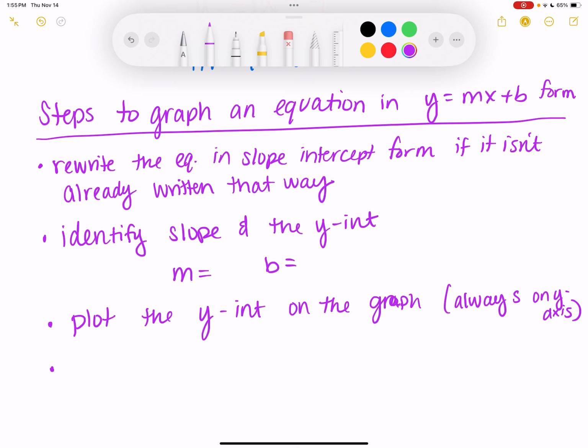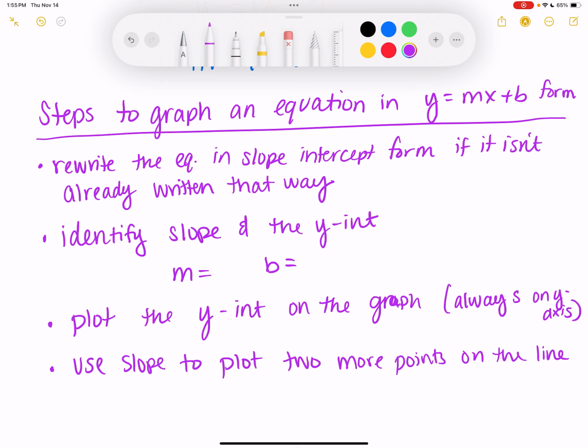And then lastly, use the slope to plot 2 more points on the line.